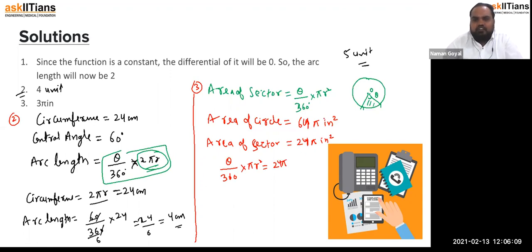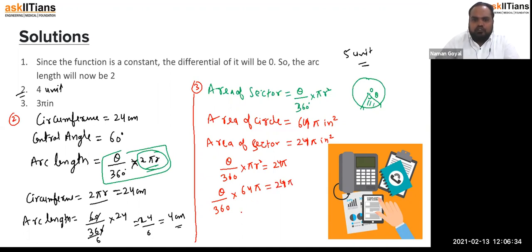Now pi r square is the area of the circle, which is given as 64 pi.